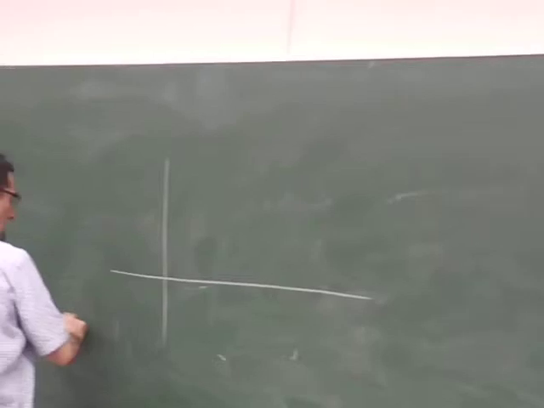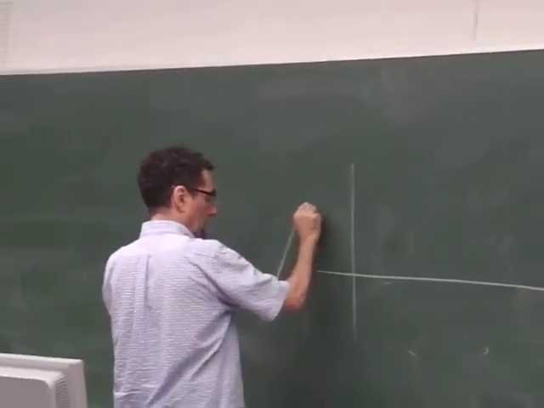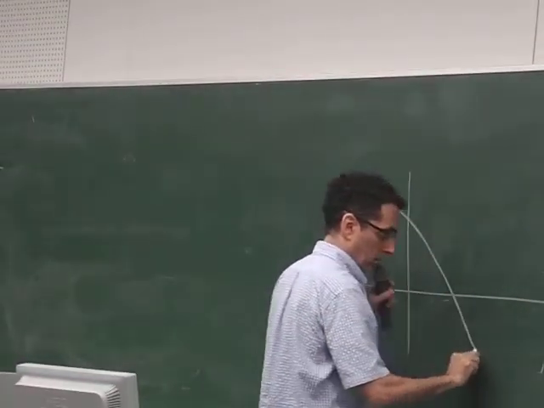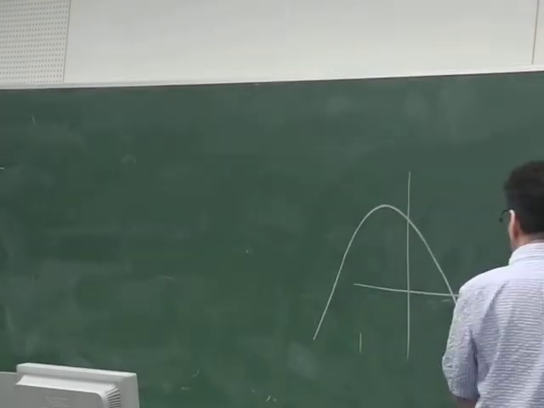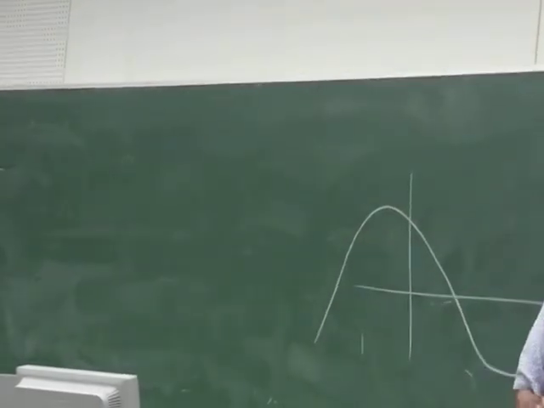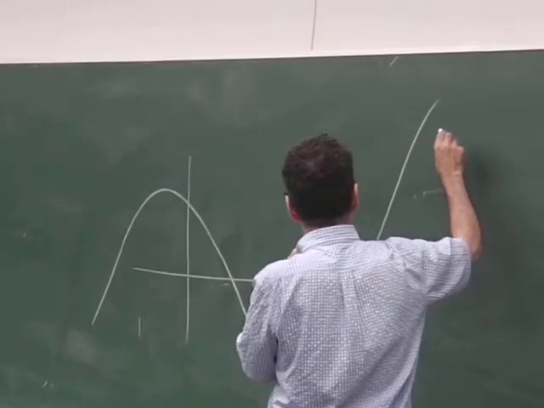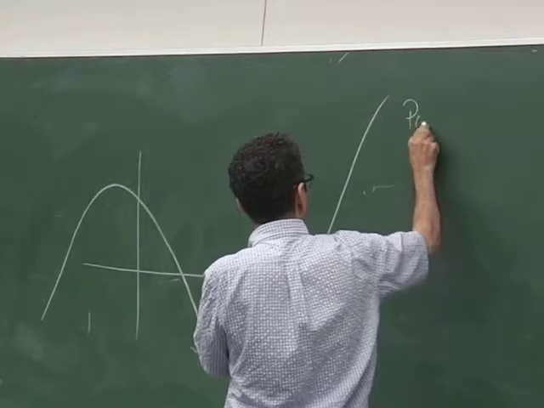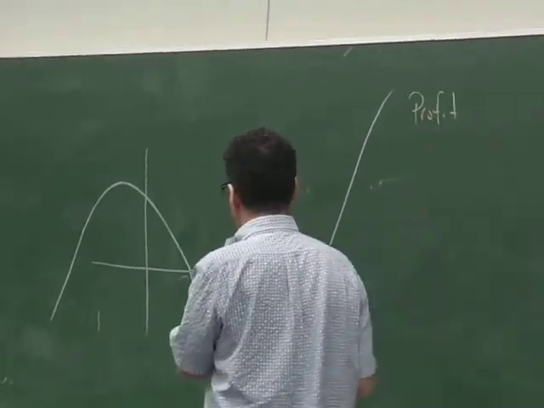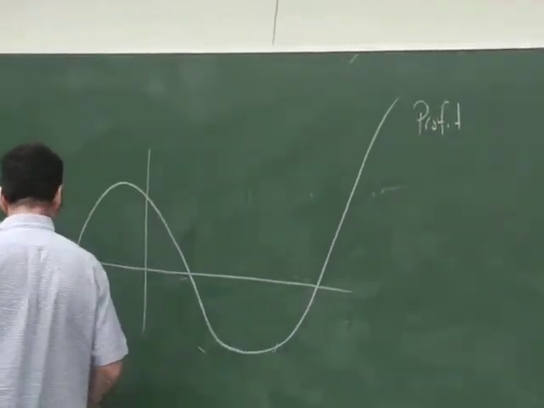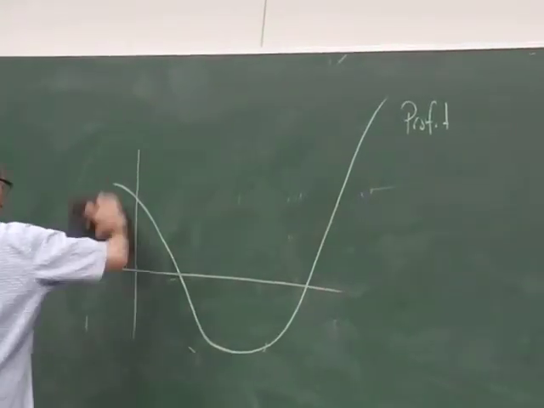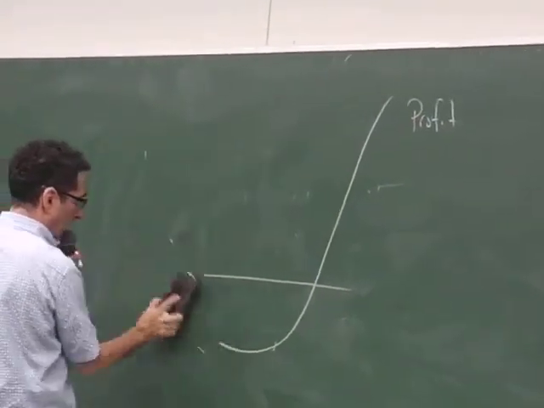So suppose we have a function that looks like that. Okay? And suppose this represents profit. Well, that doesn't make sense. We don't usually talk about profit when we're doing negative things.